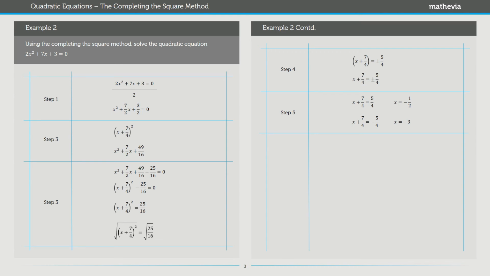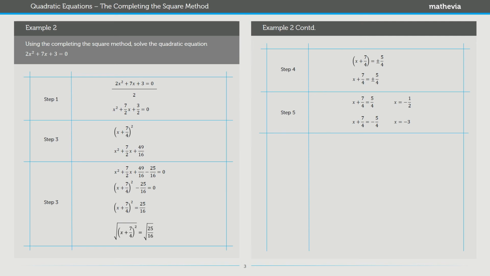Okay, notice that when you do 49 over 16 minus 25 over 16, you end up with 24 over 16. And when you divide that out, you actually end up with 3 over 2. Okay, so we've actually just written the expression we have in our equation, but in terms of the perfect square.